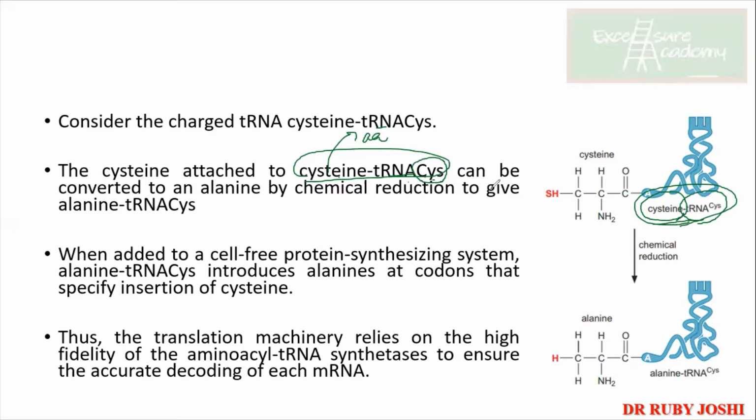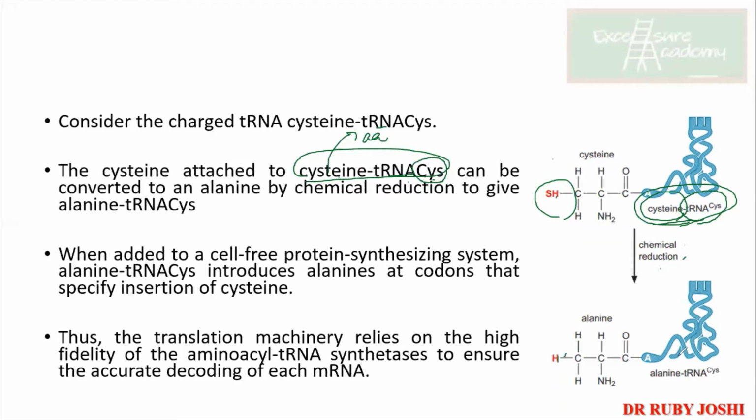Now there are a few examples from genetic and biochemical reactions where many scientists have made changes. They took the cysteine tRNA Cys and did a chemical reduction. When chemical reduction was done, they removed this sulfhydryl group. Now what we got was alanine. Can you see the difference? There is SH, the sulfhydryl group, here, and here it is H. So the sulfur group was removed.